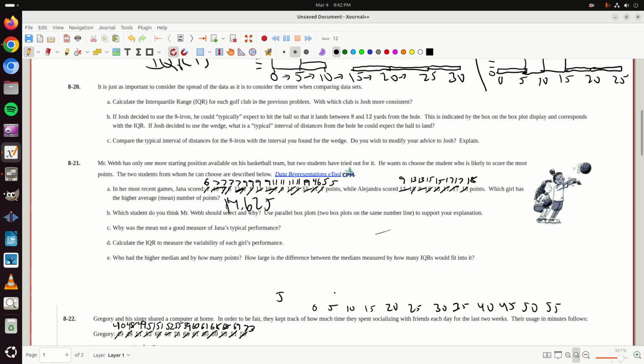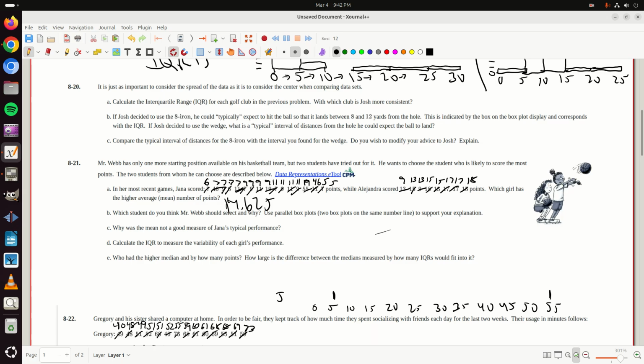Her lowest is 6. Her highest is 55. You can see 1, 2, 3, 4, 5, 6, 7, 8, 9, 10, 11, 12, 13, 14, 15, 16, so between 8 and 9.